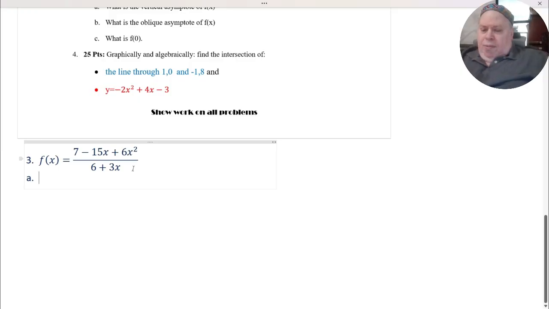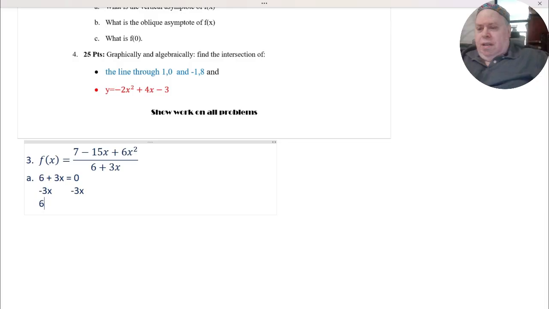Now, the way we find part A, the vertical asymptote, is we set the denominator equal to 0. 6 plus 3x equals 0. I'm going to subtract 3x from both sides.